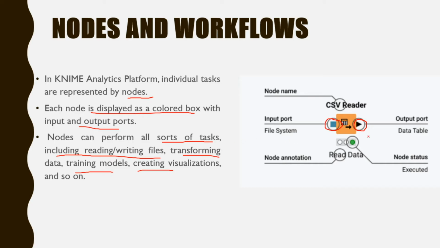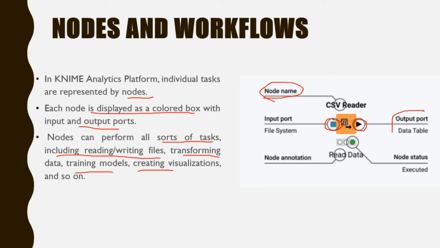So this node is a CSV reader node, which, as the node name, will be displayed as CSV reader, and the input port will be visualized on the left hand side of every node, and on the right hand side of every node we could see the output port.